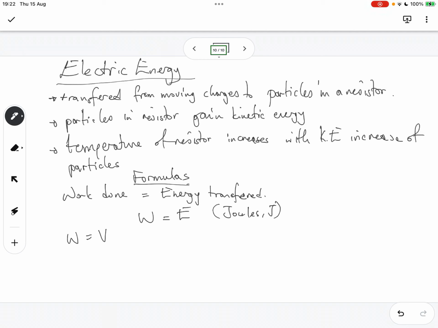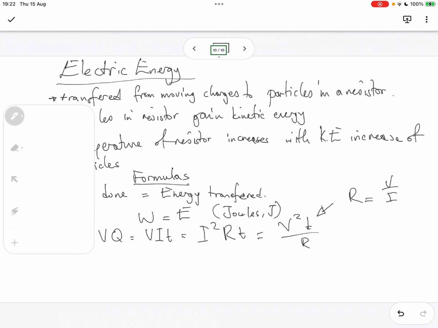So work done would be potential difference times the charge, which is potential difference times current times time, and this equals I squared R times T, which also equals V squared T over R. Now this is when we substitute R equals V over I into either of these two formulae, and then it gives us that.